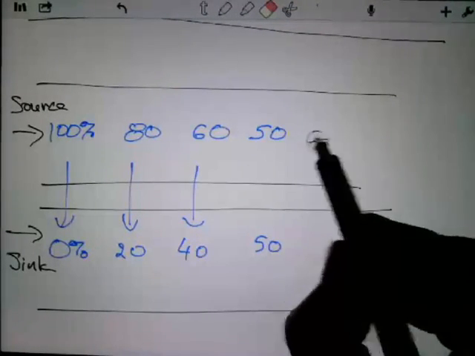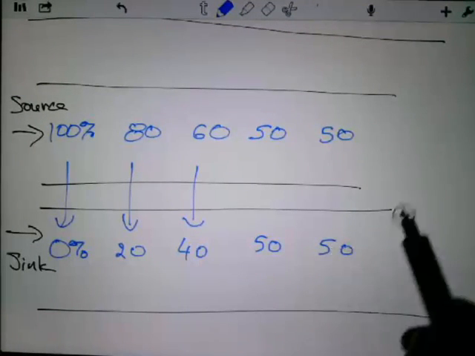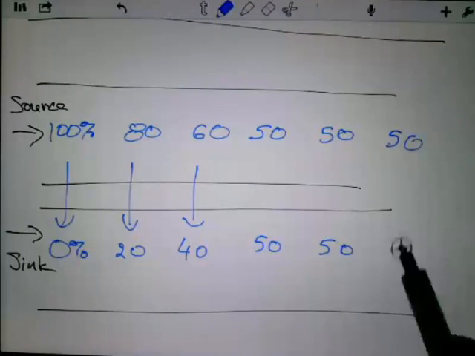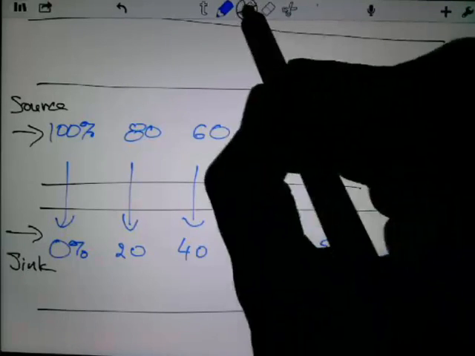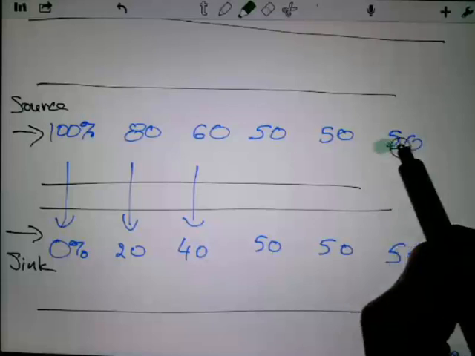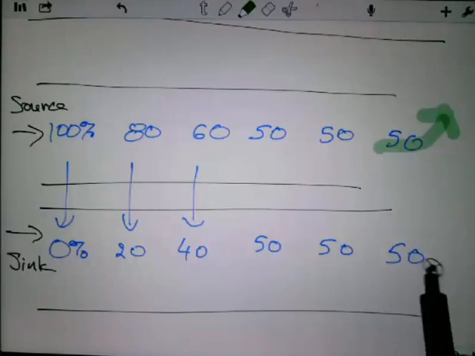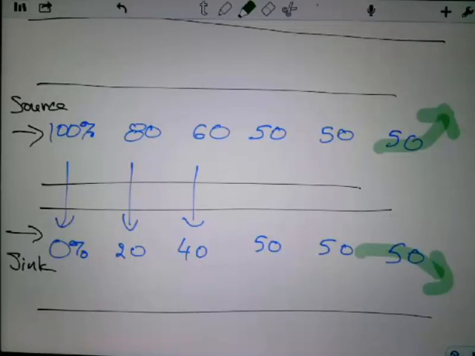And if we go further along, 50, 50, 50, 50. The result is the source leaves with 50. The sink leaves with 50.